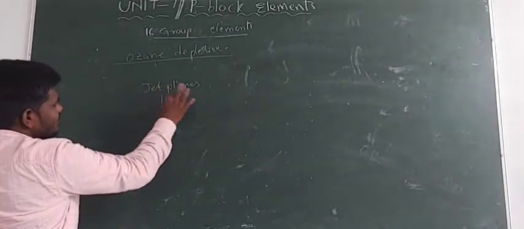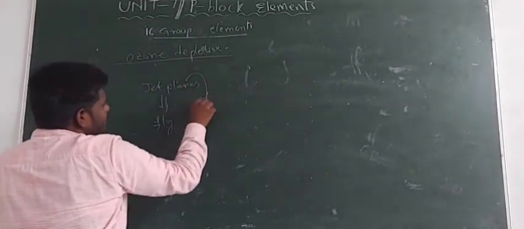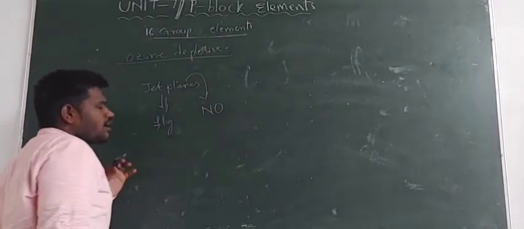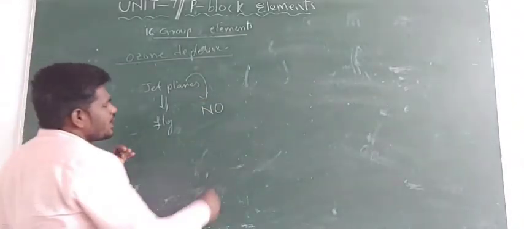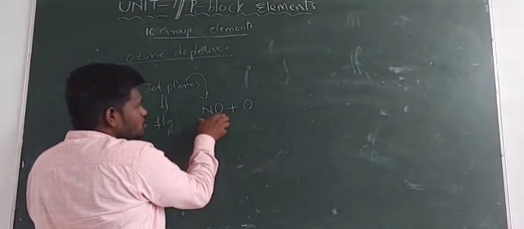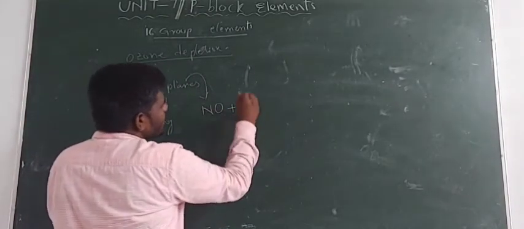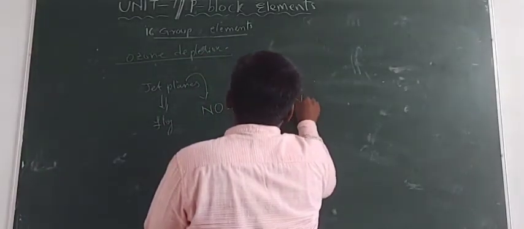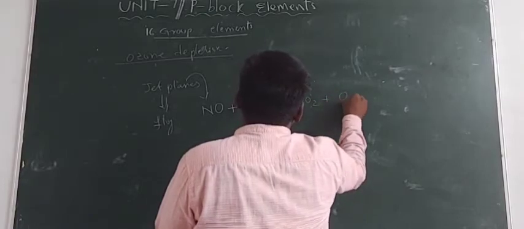Now these jet planes can release nitric oxide, or nitrogen monoxide. This nitrogen monoxide shows more tendency to react with ozone, and here we get nitrogen dioxide plus oxygen.